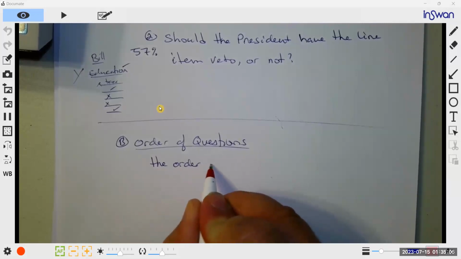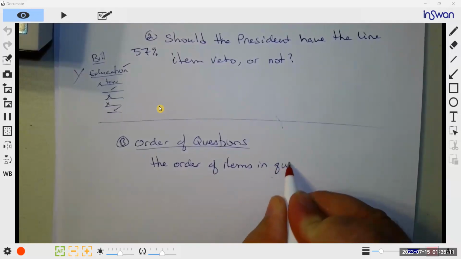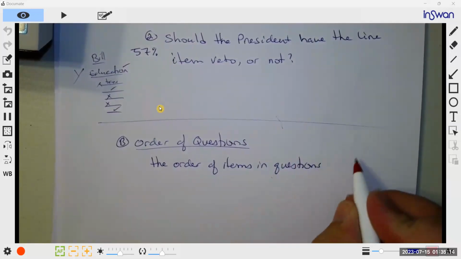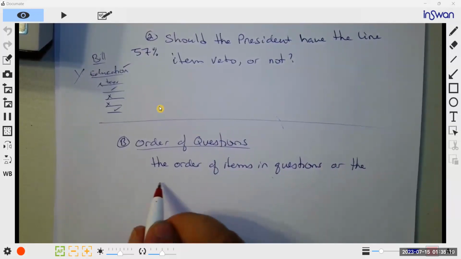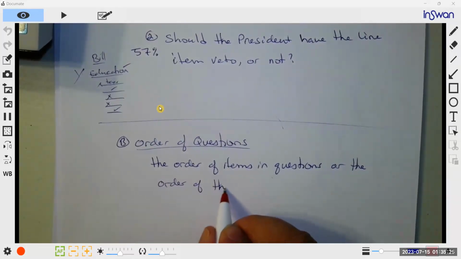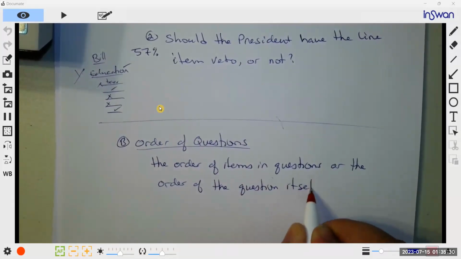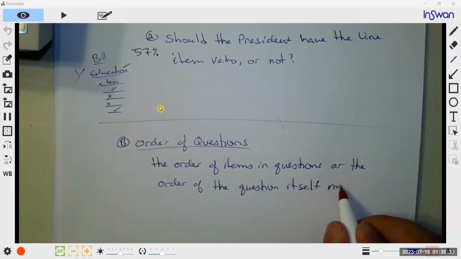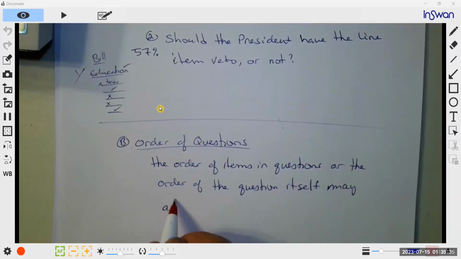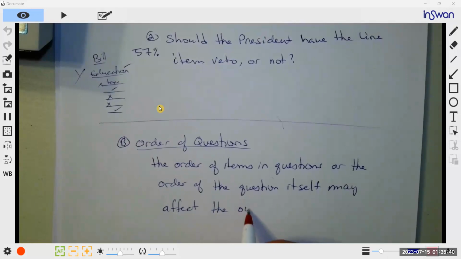The order of items in questions, or the order of the question itself, may affect the outcome of the survey.